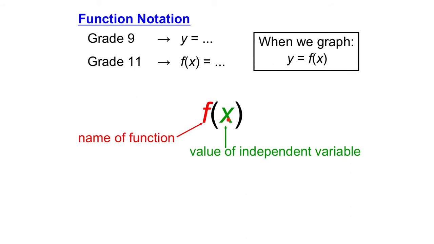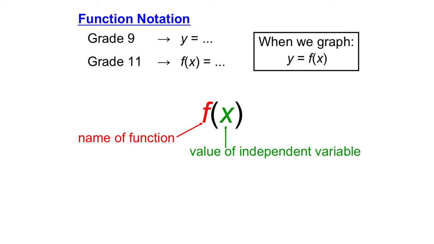Whatever's in brackets, in this case x, just represents the value of your independent variable. You could have a function with respect to time, so the variable in the brackets would be your time variable, or it could be your distance or height, whatever. Just remember, this letter is the name of your function, and whatever's in the brackets is your independent variable, whatever the variable is.